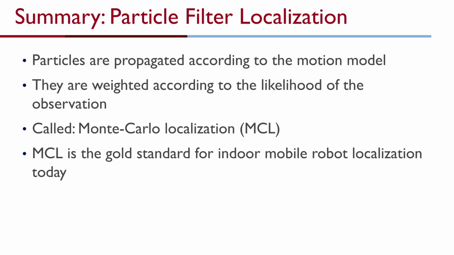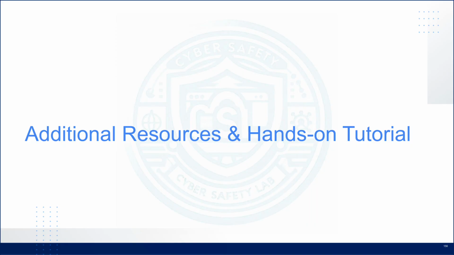Then, the importance weights are corrected based on how well each particle matches the sensor observations. Today, Monte Carlo localization is considered the standard method for estimating a robot's pose in a known map, and it is widely used in mobile robotics.